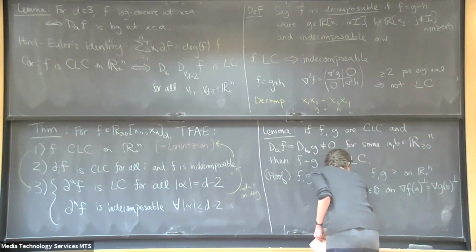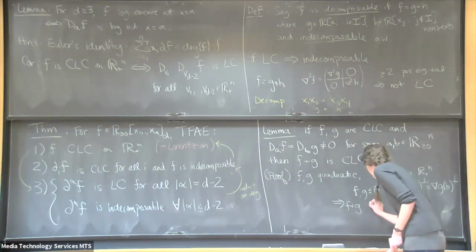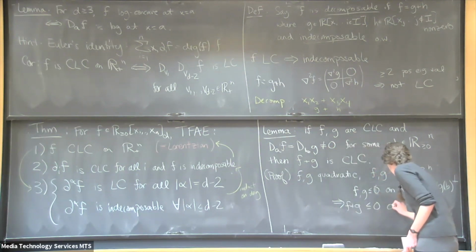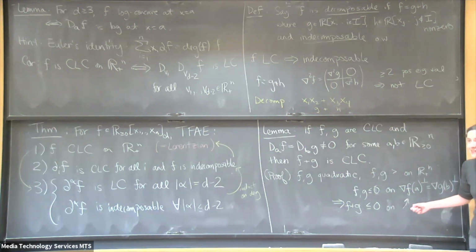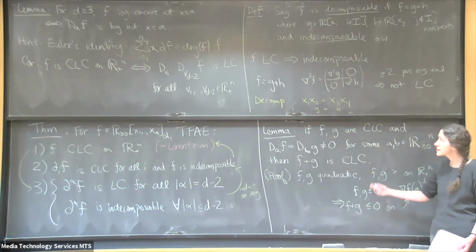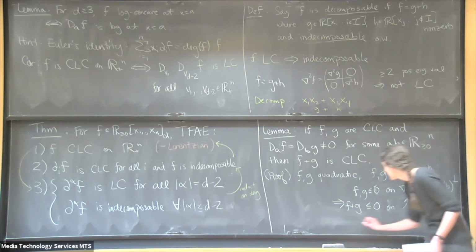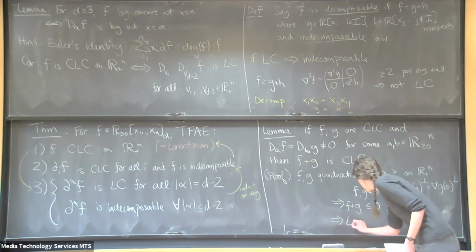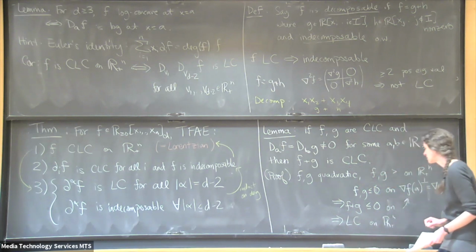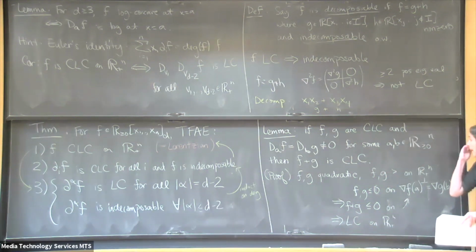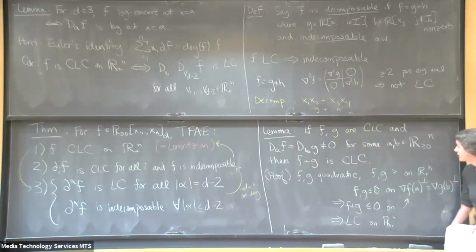So F plus G is also non-positive on this hyperplane. We said it still has non-negative coefficients, and so that's enough to show that it's log-concave. You could take any positive combination. Yeah, any positive combination, that's true.